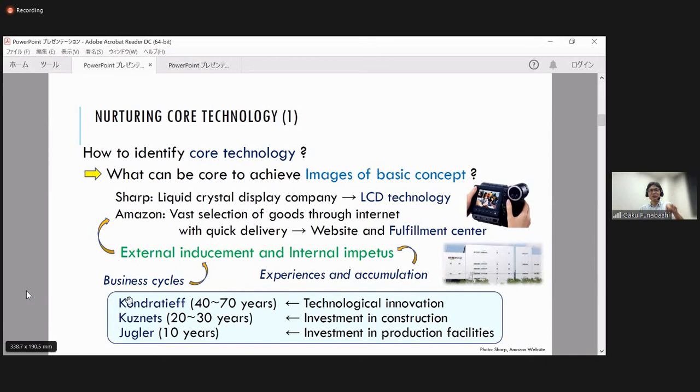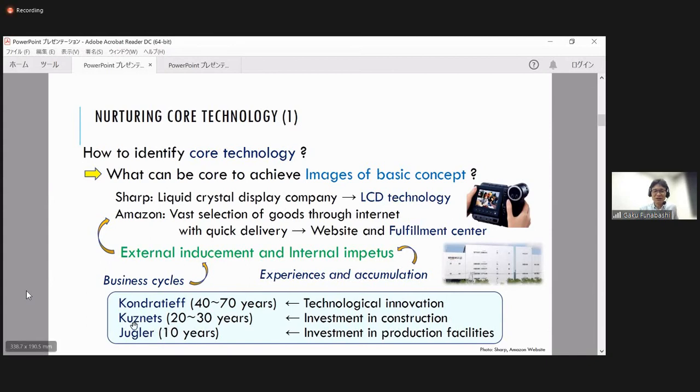Small business cycle, medium-sized business cycle, and big business cycle. The small business cycle is like a cycle every 10 years. The medium-sized business cycle is like every 20 to 30 years. The large business cycle is every 40 to 70 years, not long years.